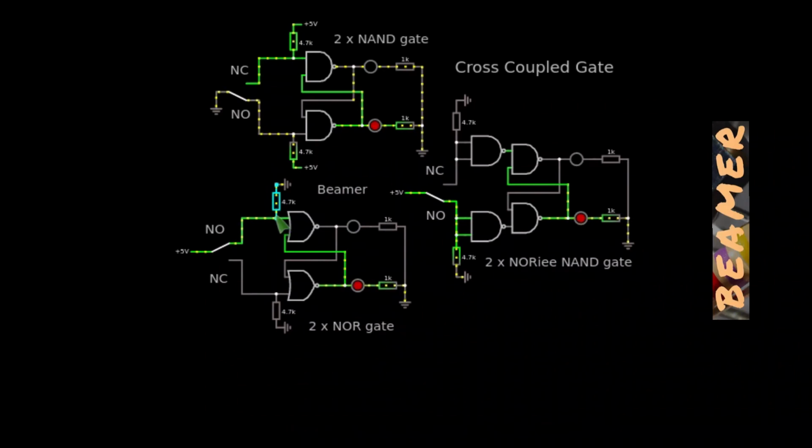The +5 there on a NOR gate means automatically that you have a naught on the output here. If there's a plus on either input of the NOR gate, you will get a 0 there. The 0 there is transferred to the input of that NOR gate. The other input is pulled down through this resistor, so you have a naught there and a naught there, which will automatically, with a NOR gate, produce a 1 there. The 1 there fires up that LED, the 1 is transferred through to the input of the other NOR gate, and now the system is locked.